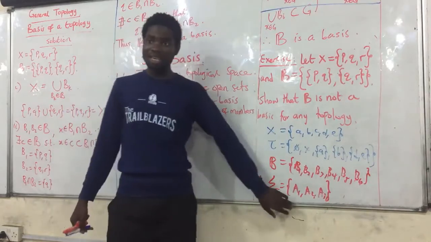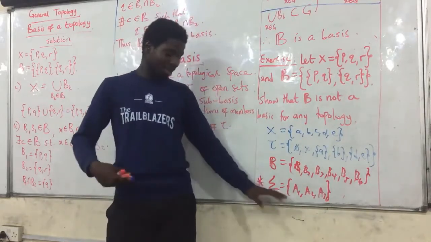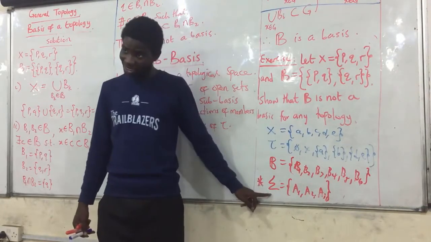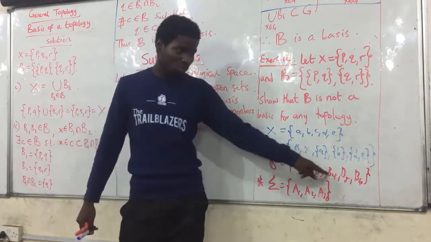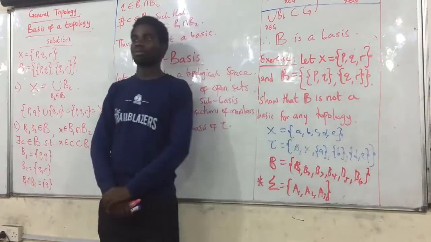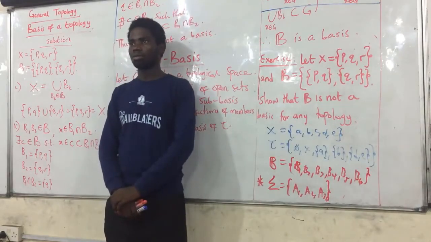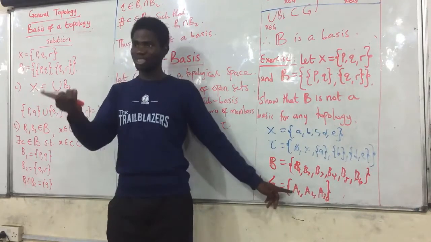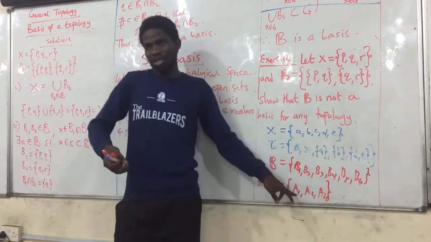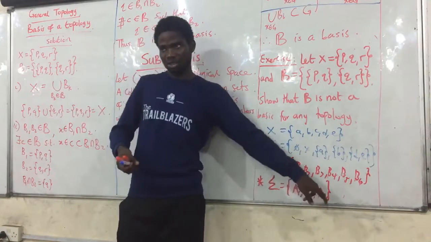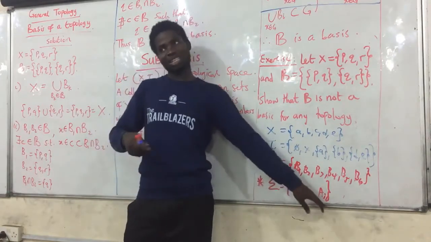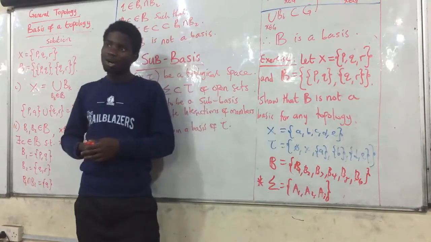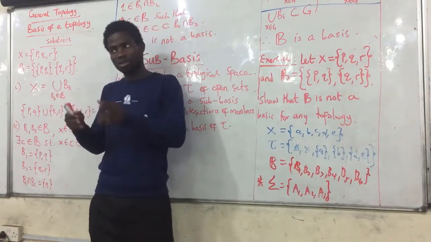By the time you take the different intersections of the sub-basis, you must get B1 to B6. You do A1 intersection A1, A1 intersection A2, A1 intersection A3, A2 intersection A3, A1 intersection A2 intersection A3, and so on. Do you understand? These are all the finite intersections.